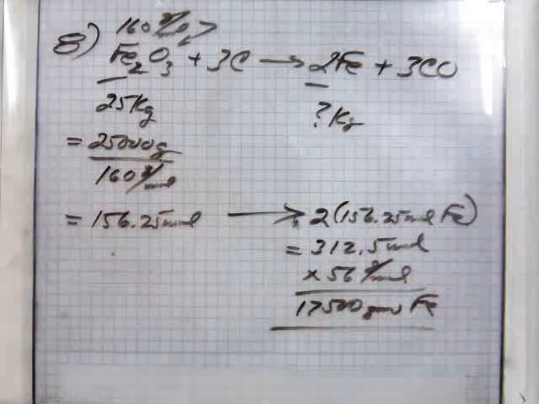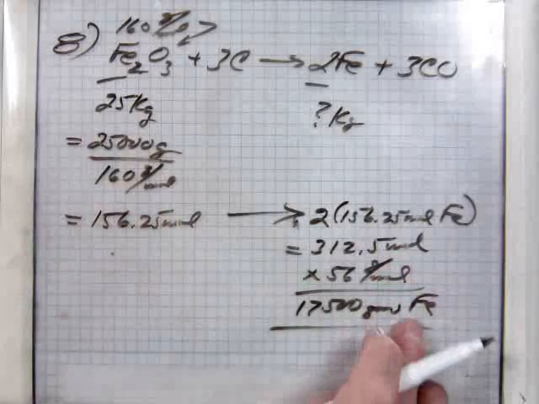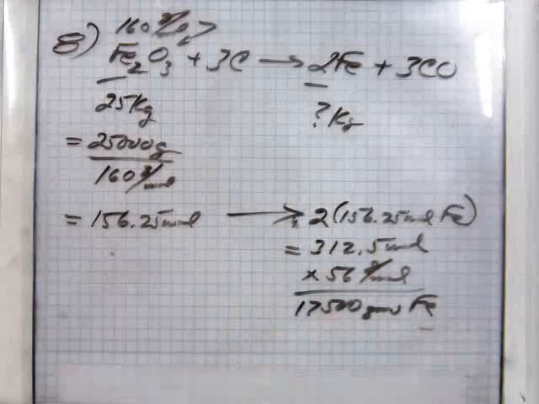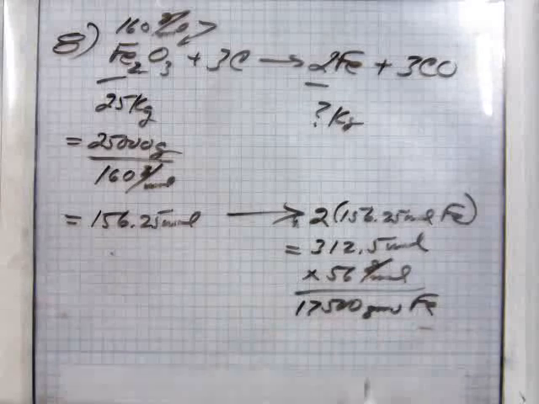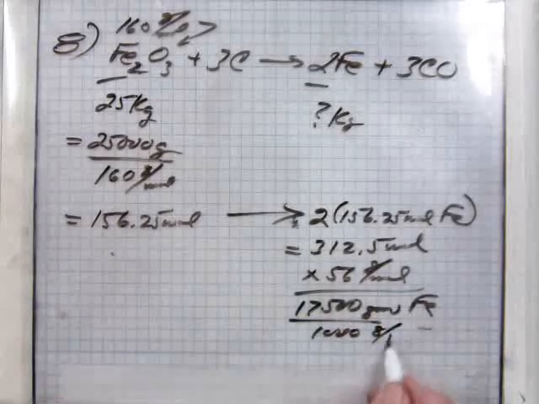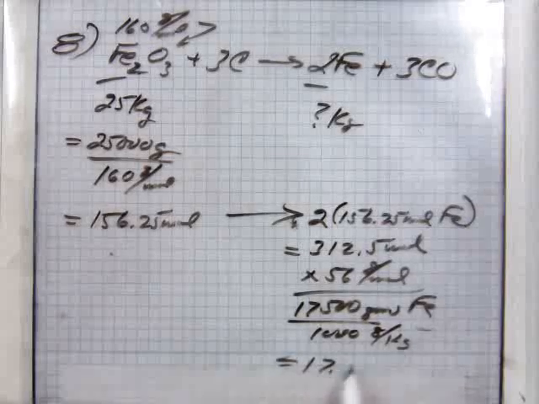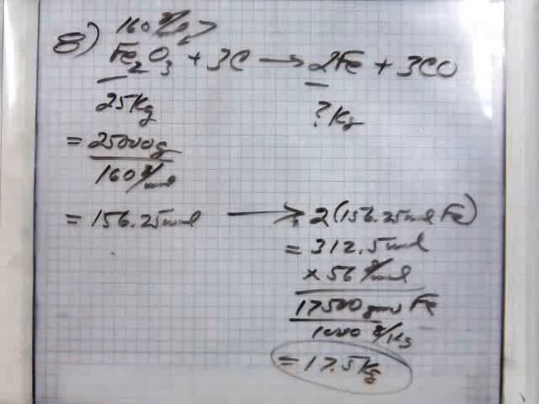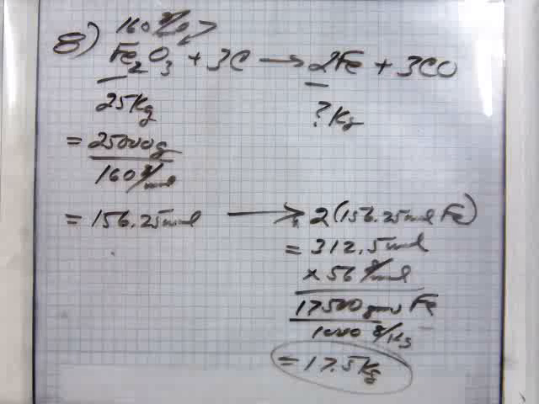You multiply by formula weight. Now the problem asks for kilograms, so we divide by 1,000 grams per kilogram, and that's 17.5 kilogram yield of the iron, right? Everybody good? So this is what I'm trying to tell you. If you can get it to moles, then you can convert to whatever you want at the end of the problem.